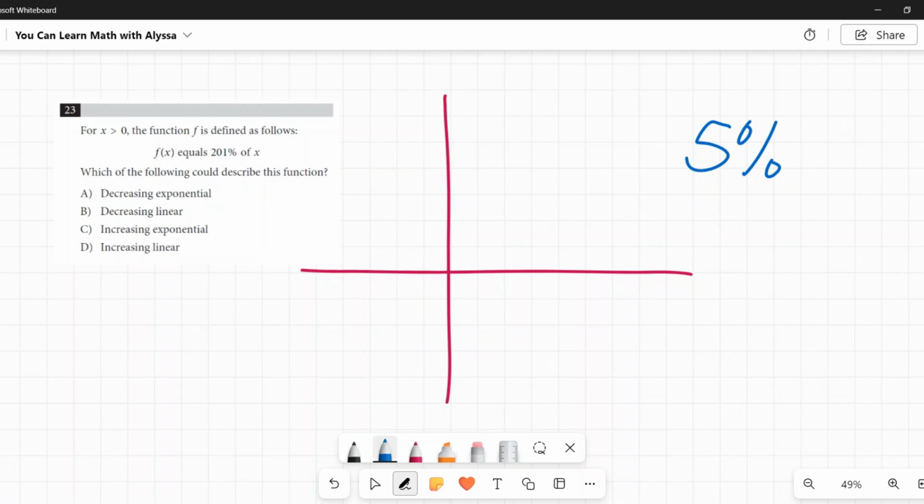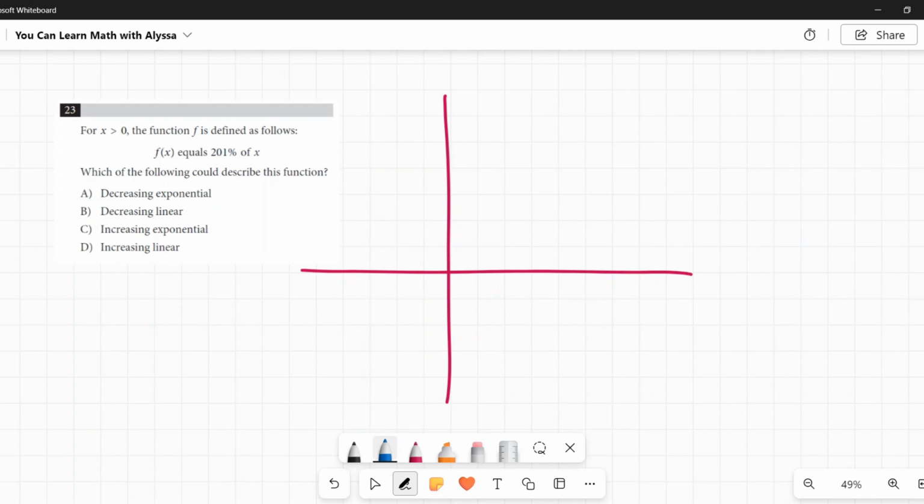And you're like, that's exponential growth. Like you're getting 5% on 5% on 5%. So I think it's very easy to look at this and go, it's a percentage of x, and percents increase over time. That's how people make money on interest. So it must be exponential growth. It's increasing exponentially. So it's an increasing exponential. I'm done, moving on.